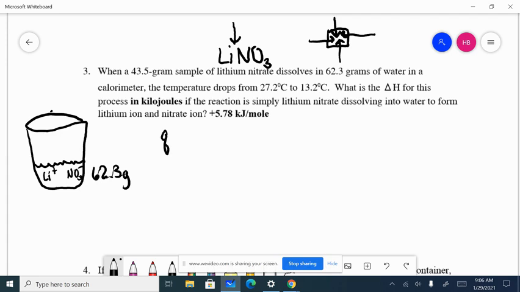So we've got Q equals mass, specific heat capacity, and change in temperature as it refers to the water. And we have Q equals MCAT as it refers to the salt, the lithium nitrate.